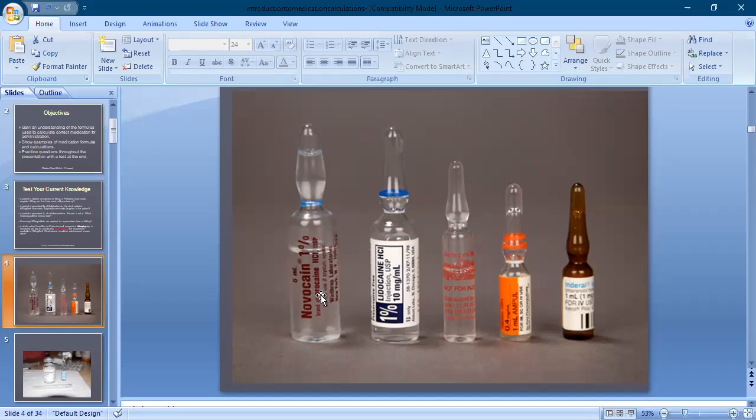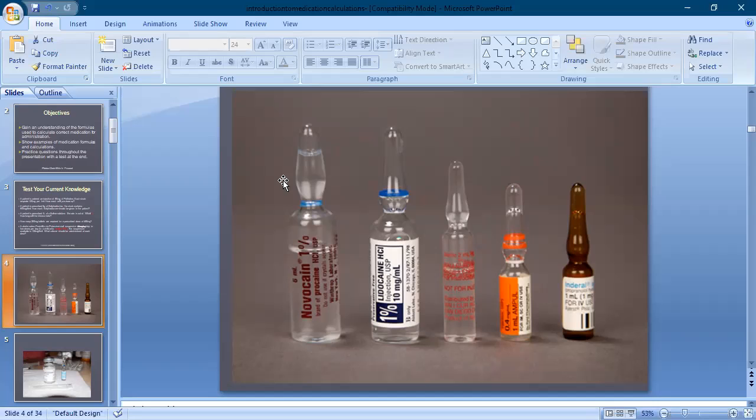So out of 100 ml, 1 gram of procaine. So this is the ampoule. An ampoule contains liquid, but inside the liquid there is some solute. Solute means the solid one, like sugar in a mixture, coffee in a coffee solution.